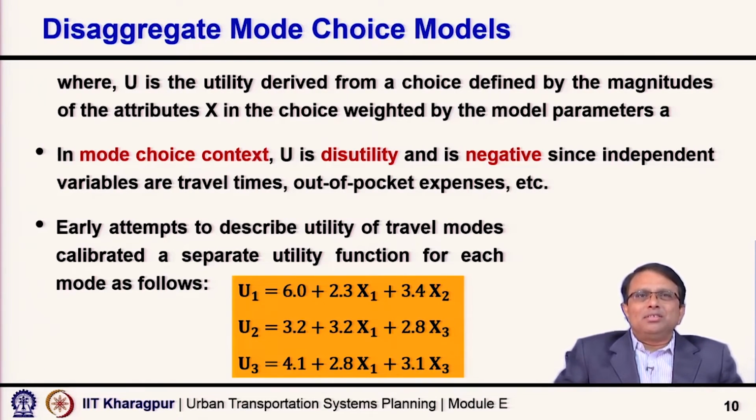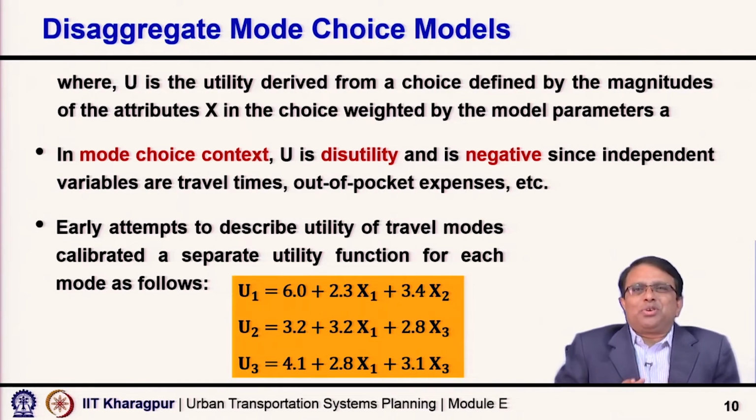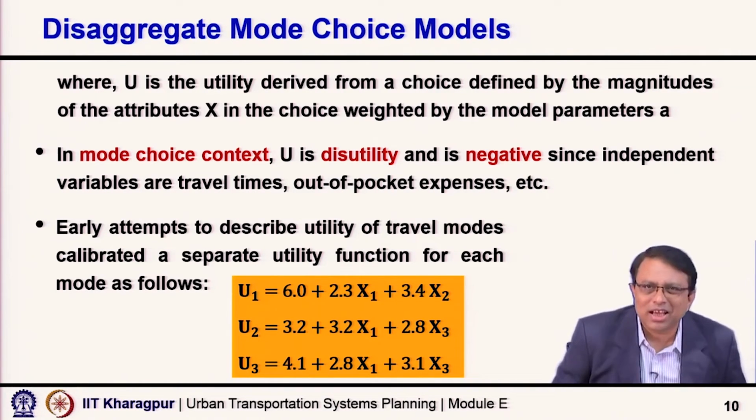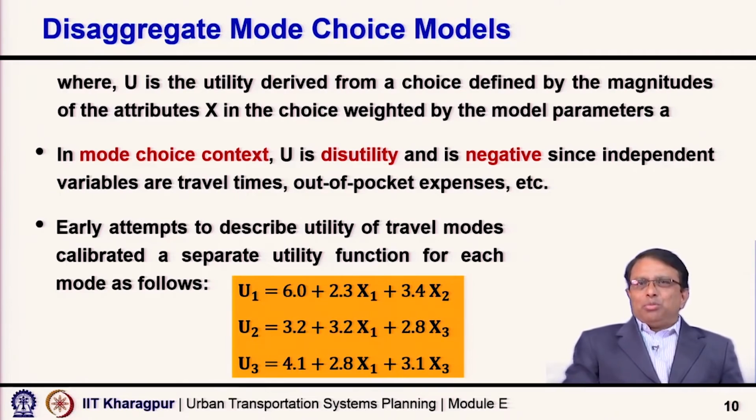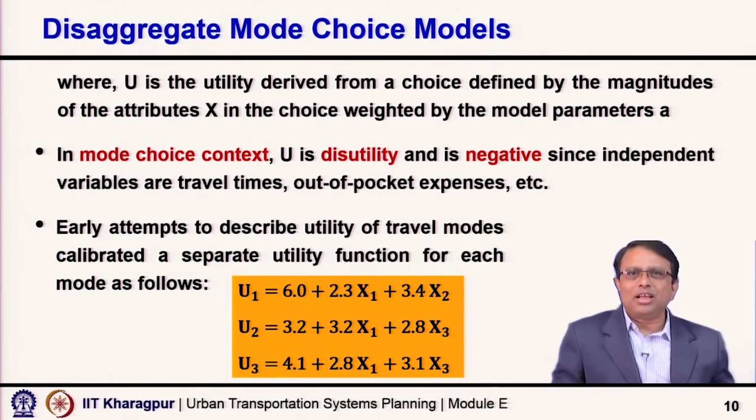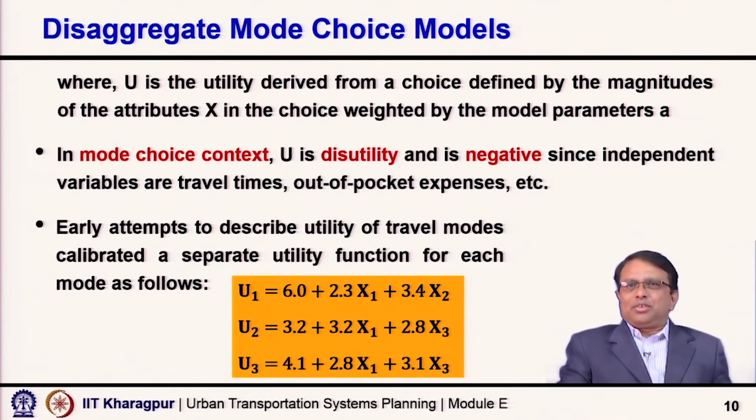Each is also weighted by the model parameters a. So, you have a1, a2, a3, the weights for waiting time, in-vehicle time, walking time, etc. All are not going to be the same.